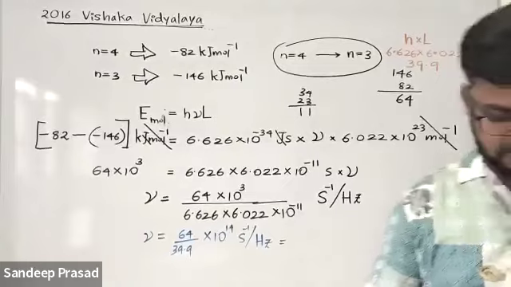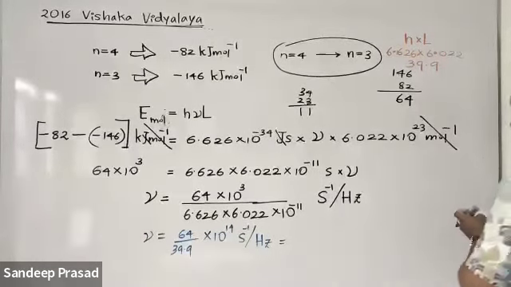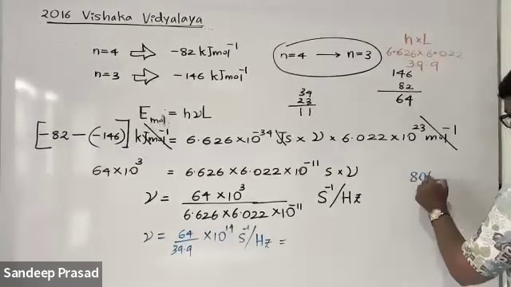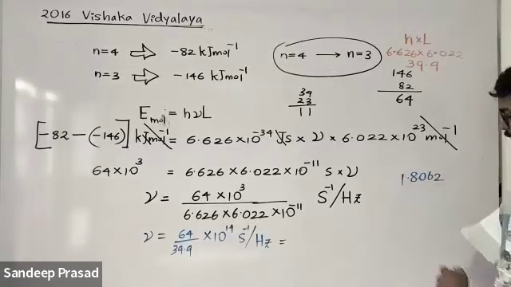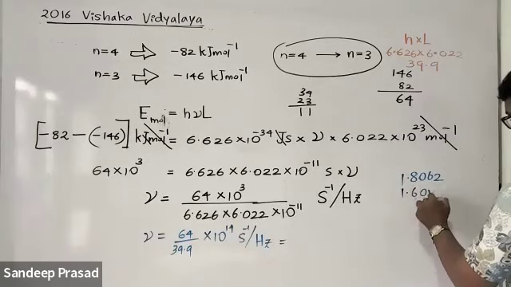What is the log value for 64? Then the log value for 39.9.